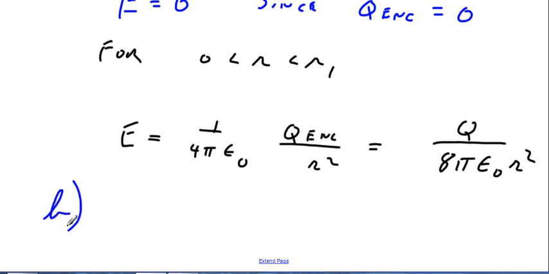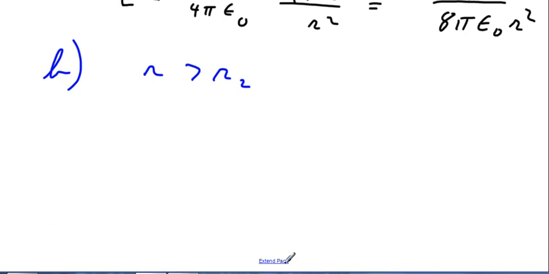The B part wants to know the potential when R is greater than R2. Okay, so R is greater than R2, so I'm outside the sphere again.